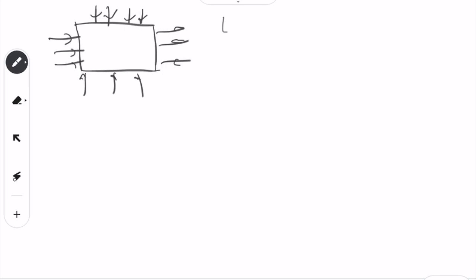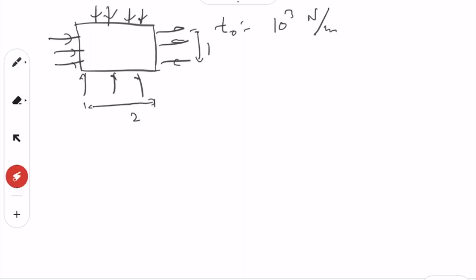Okay, so T0 equal to 10 to power 3 Newton per meter. And length we have 2 and we have 1 here. Sorry, this is 1. So basically this is 2A equal to 2, 2B equal to 1, so 2, 1. So total force, since this is all constant, right?